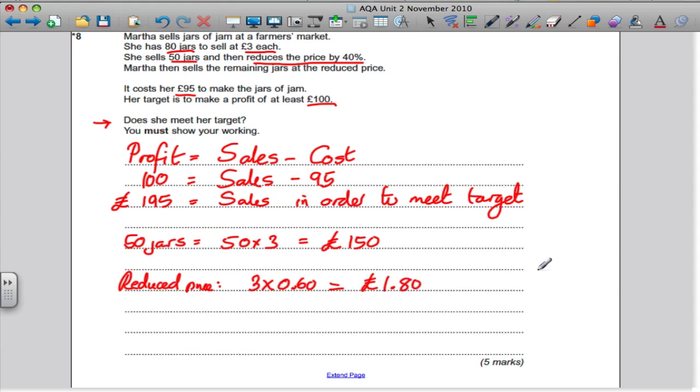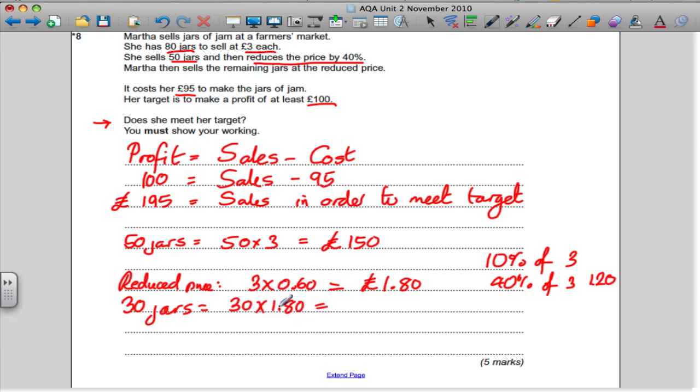Or you could simply work out 10% of £3, which is 30p. So therefore, 40% of £3 must be 4 times 30p, which is £1.20, and take it off from £3, you'll get £1.80. So the reduced price is £1.80, so the remaining 30 jars are sold at 30 multiplied by £1.80.